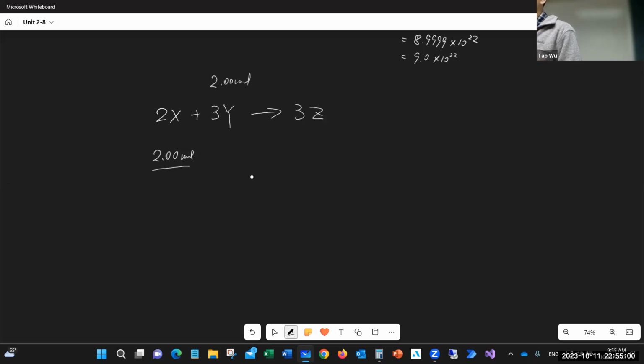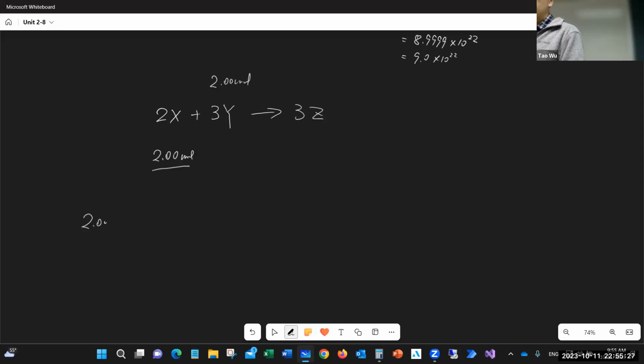And if we use up 2 moles of Y, how many moles of X are we going to react with? We compare those two numbers and figure out the limiting reagent. So if we use 2 moles of X, how many moles of Y are we going to use? That is stoichiometry, right?